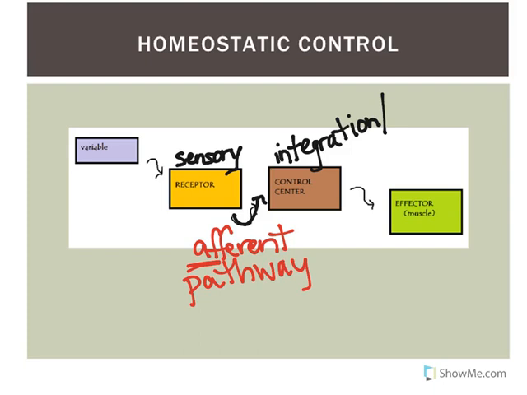And that effector is told what to do by that control center by means of an efferent pathway.